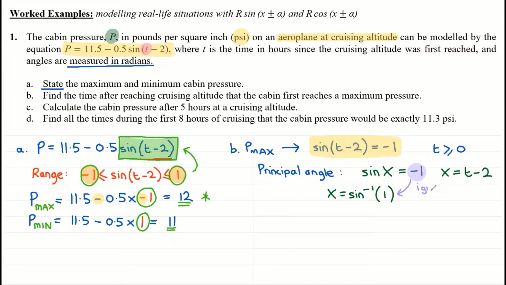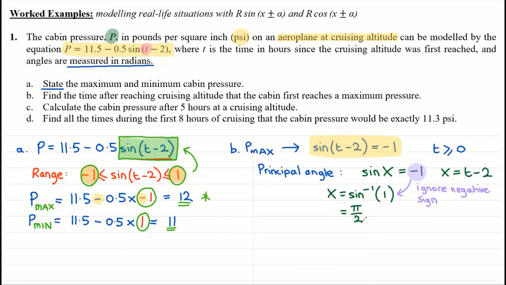Ignore the negative sign, because the CAST diagram deals with the negative sign for you, which we're going to use in a second. So X is the inverse sine of 1, and that's going to give us pi over 2, 90 degrees in other words. So that's our principal angle.